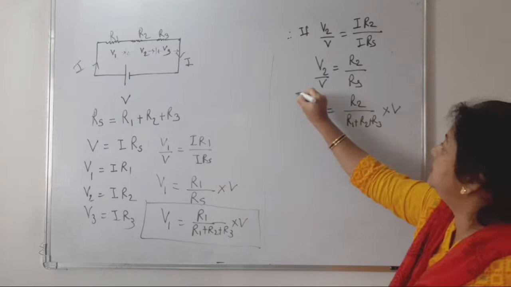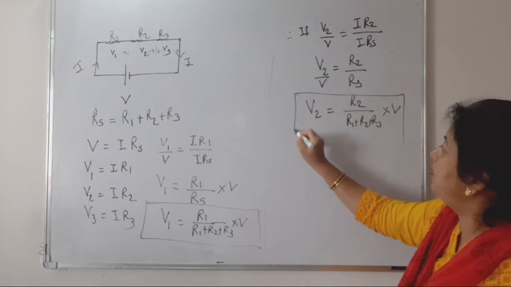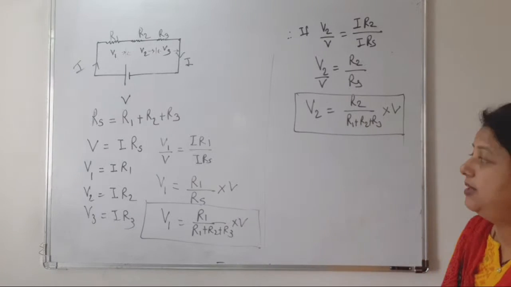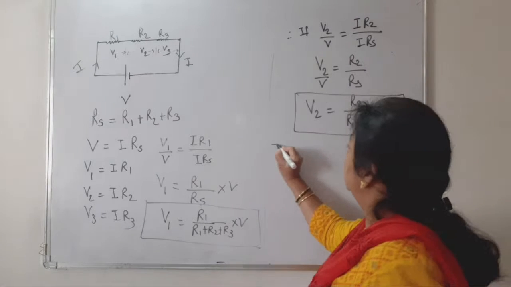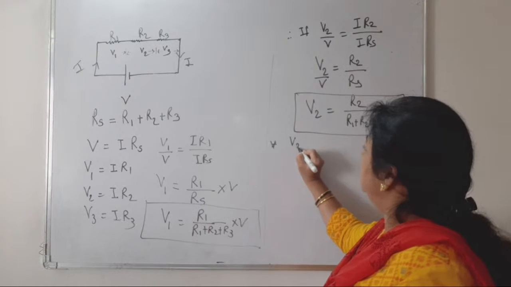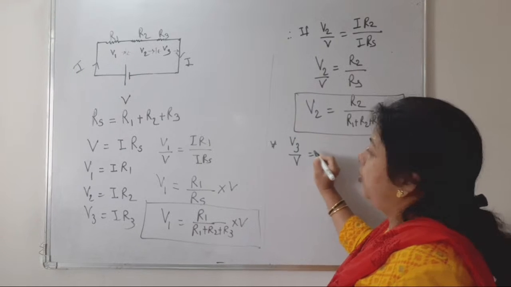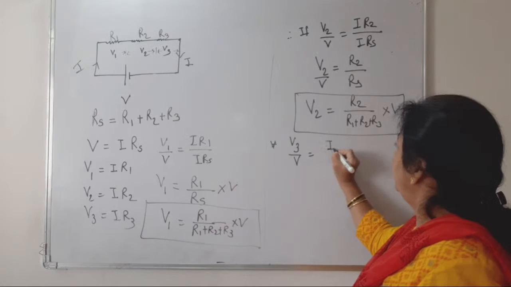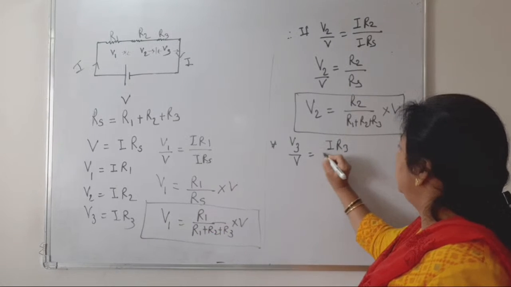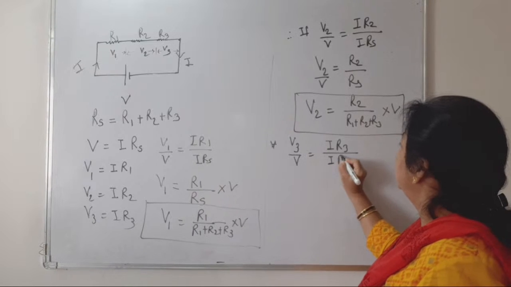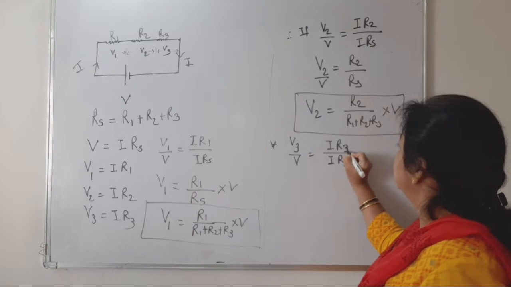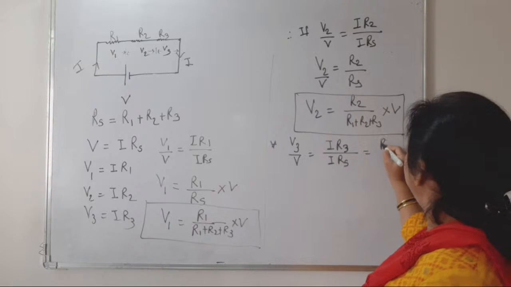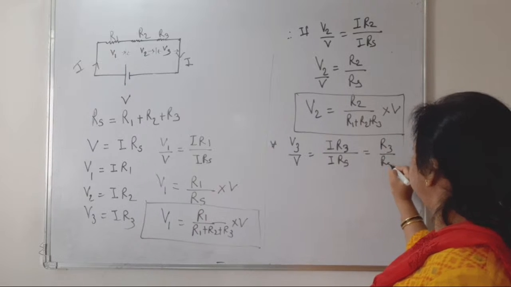Okay, therefore this is the second formula for potential division. Now similarly, if we consider V3 upon V, then what is our V3? I into R3. Therefore here we insert I into R3 and V is equal to I into RS, which is equal to R3 upon RS.